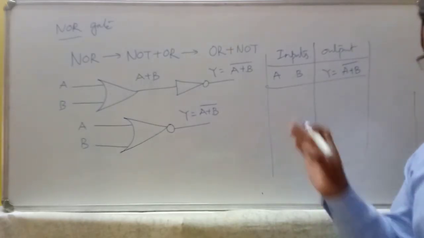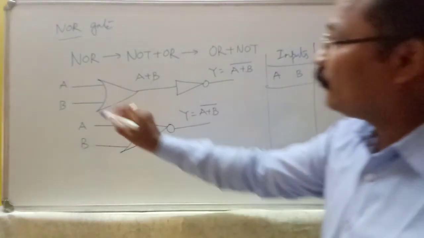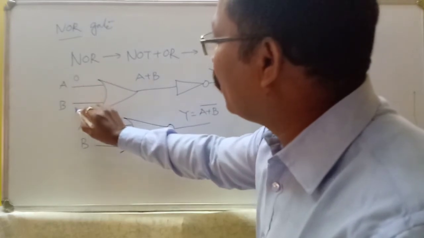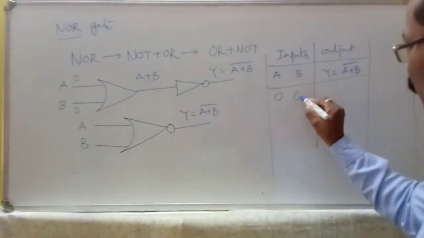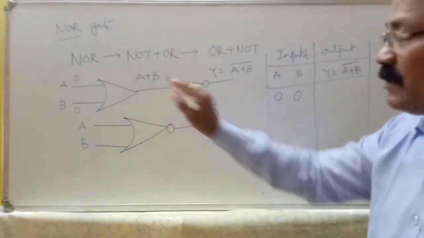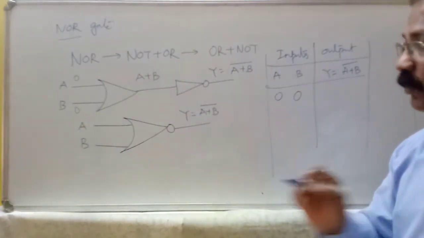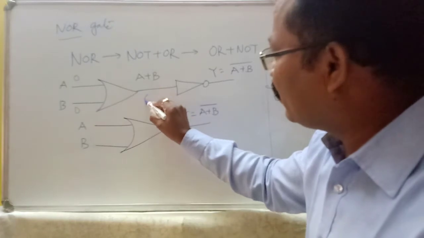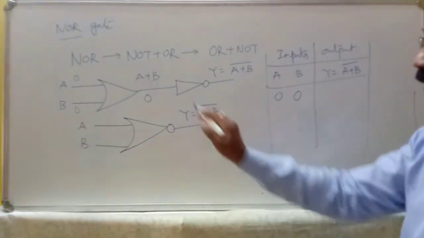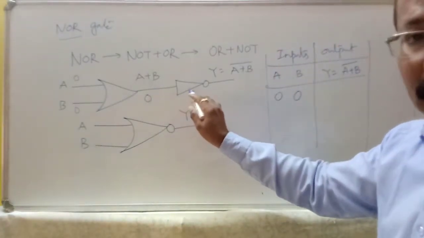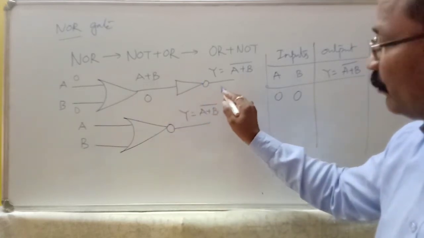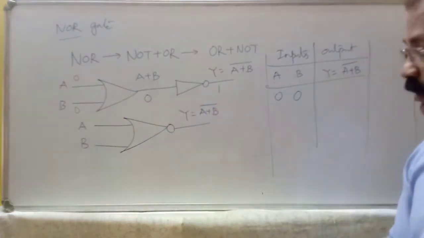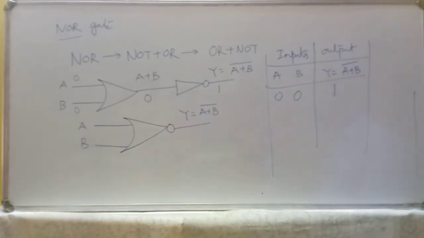Let us see the behavior of this circuit. If A and B both are 0 and 0, what is A plus B? As per the OR rule, 0 plus 0 is 0. Here this 0 is applied to this NOT gate. So 0 is complemented, that means it becomes 1. Hence the output is 1.